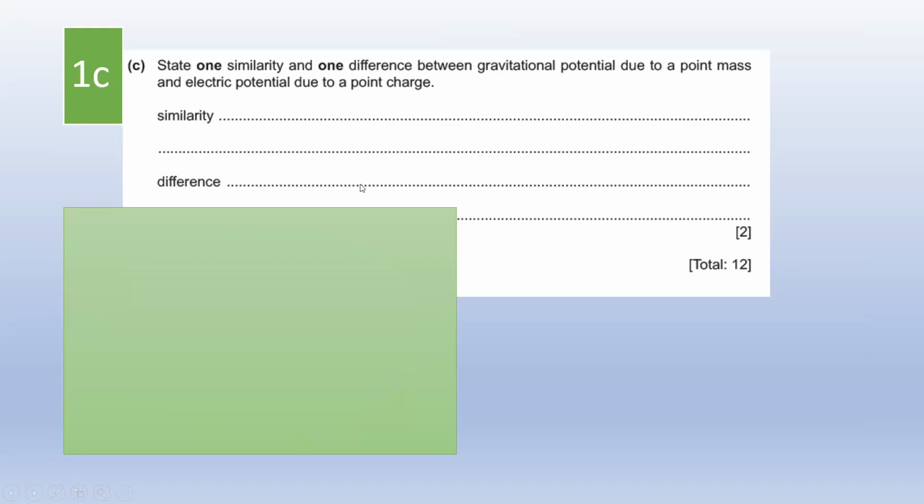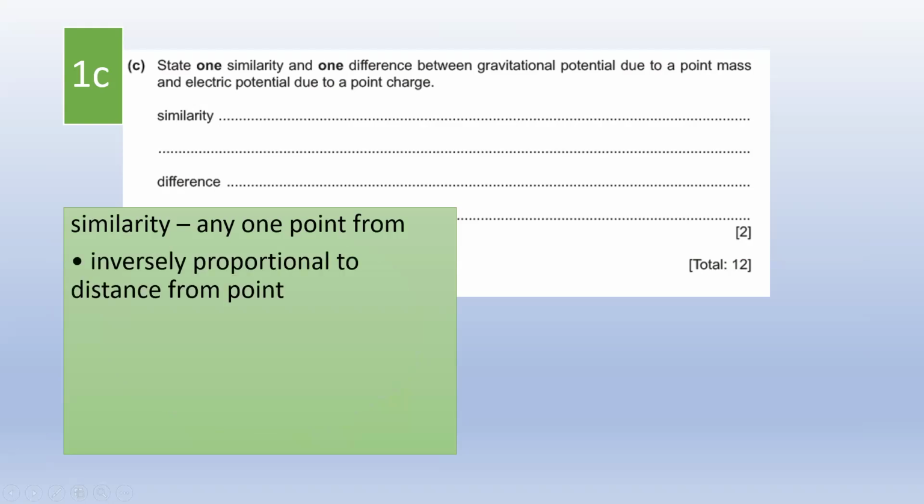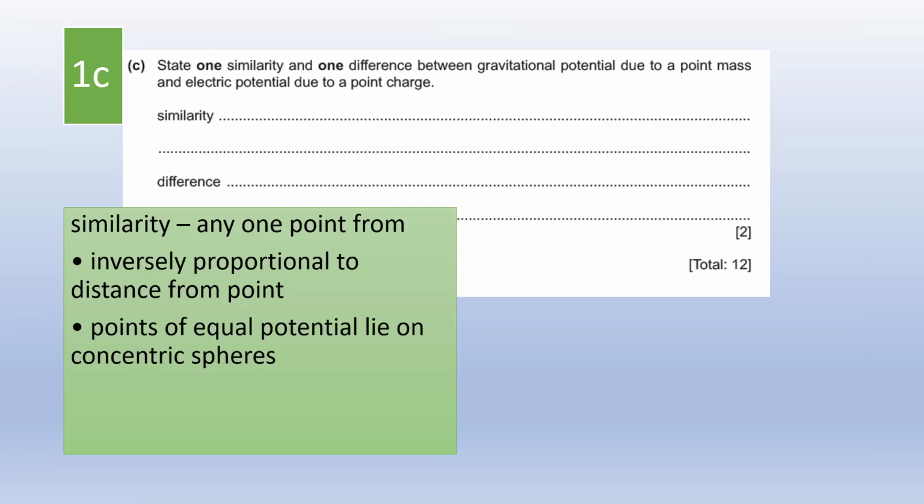For similarity: they are inversely proportional to distance from the point. Another: points of equal potential lie on concentric spheres, with zero potential at infinite distance.